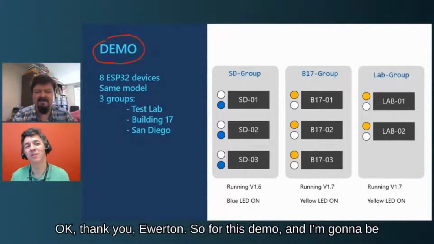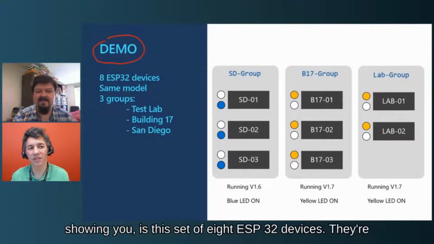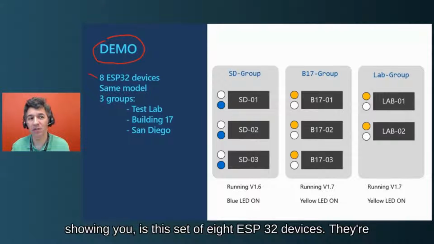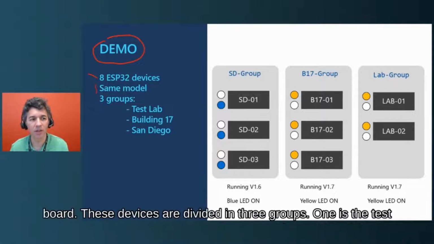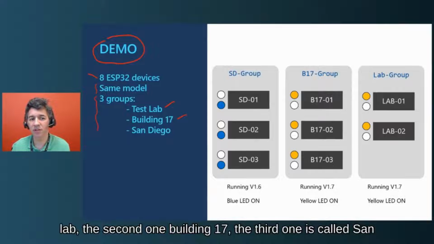Okay, thank you, Ewerton. For this demo, what I'm going to be showing you is this set of 8 ESP32 devices. They're all the same model, a design that I did for this board. These devices are divided into 3 groups: the test lab, building 17, and San Diego.